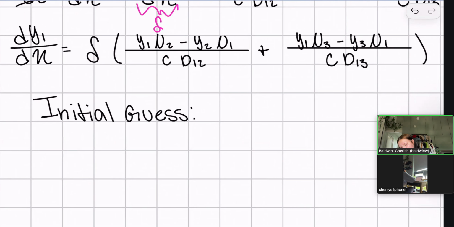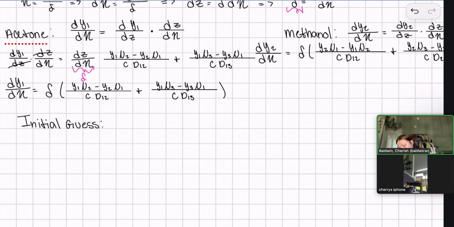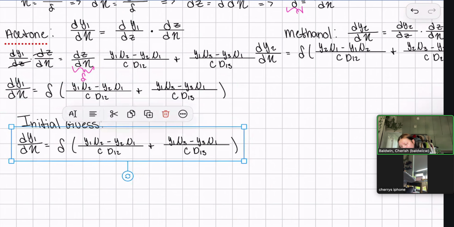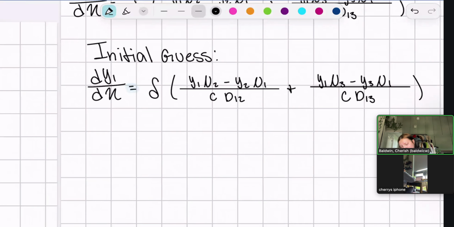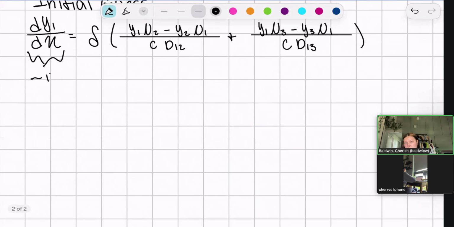So we are going to take the Maxwell-Stefan equation for acetone, and we're just going to estimate. So we know that the gradient of the mole fraction of acetone over the scaled position is going to be approximately equal to 1. So then we're going to expand this equation.